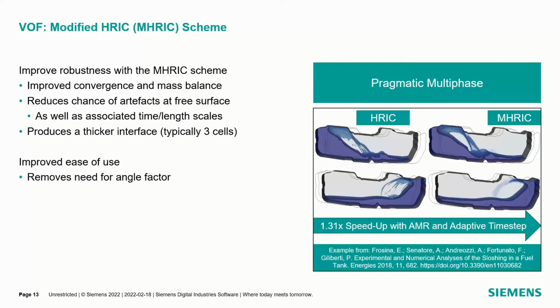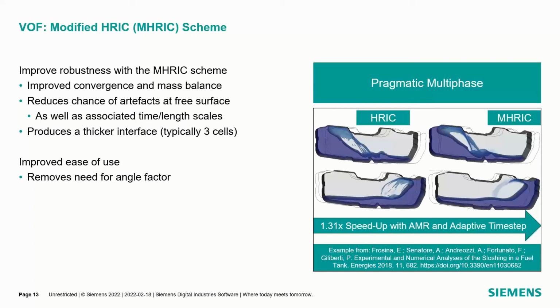And previously, the high-resolution interface capturing scheme was actually getting a little bit too good, especially with the adaptive mesh refinement that SimCenter STAR-CCM Plus has introduced. It's been a really good feature for speeding up simulations.